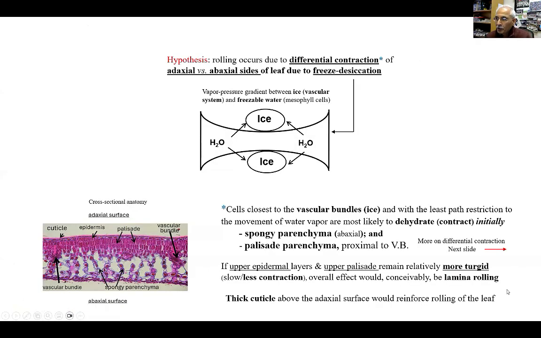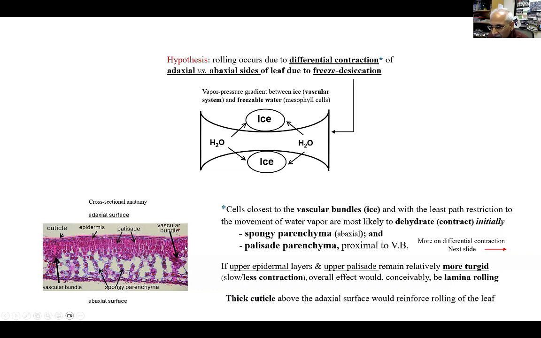So here is our hypothesis based on what we observed. We believe the rolling part, at least lamina rolling, occurs due to this differential contraction of adaxial versus abaxial side of the leaf due to freeze desiccation. So let me just explain adaxial versus abaxial surface for those who might not know these terms.